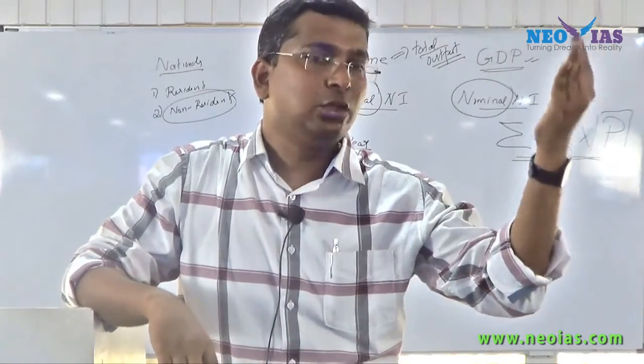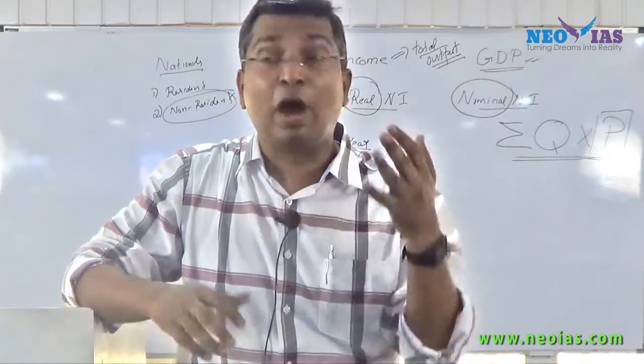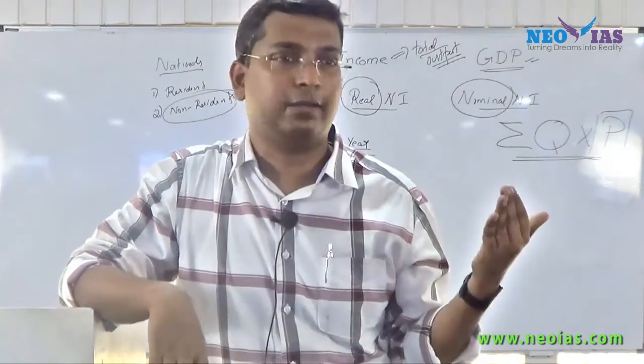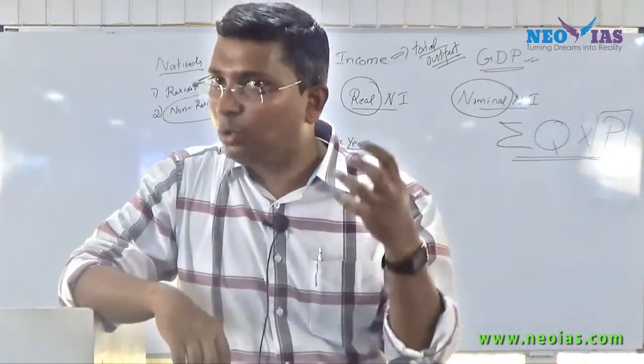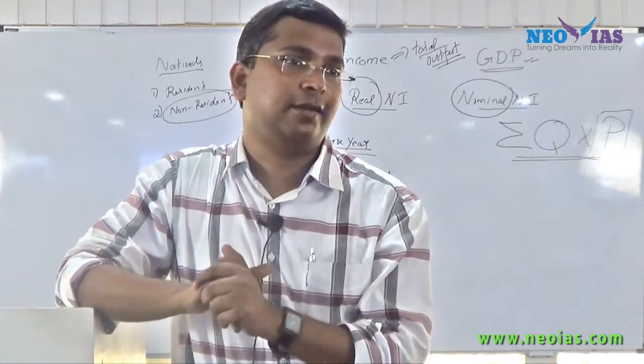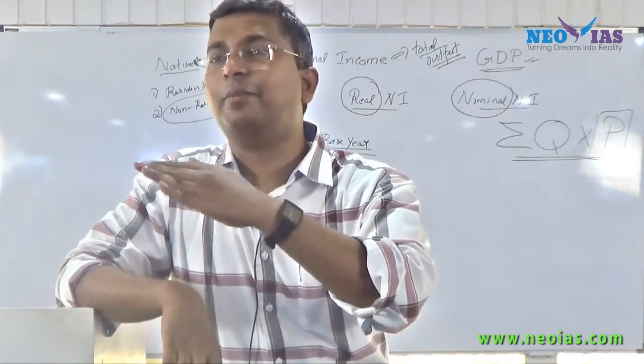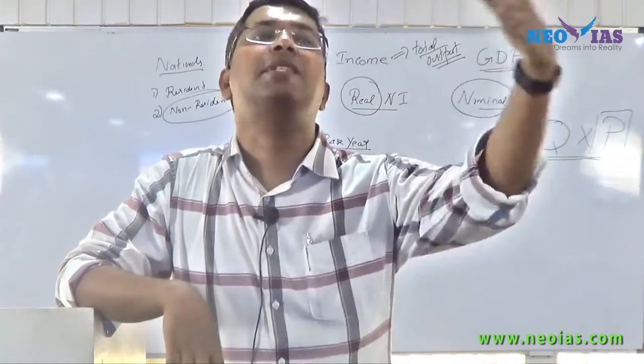Yes or no? So how will we know that the national income is growing, or that economic growth is happening in our country? By comparing with the national income of the previous year.